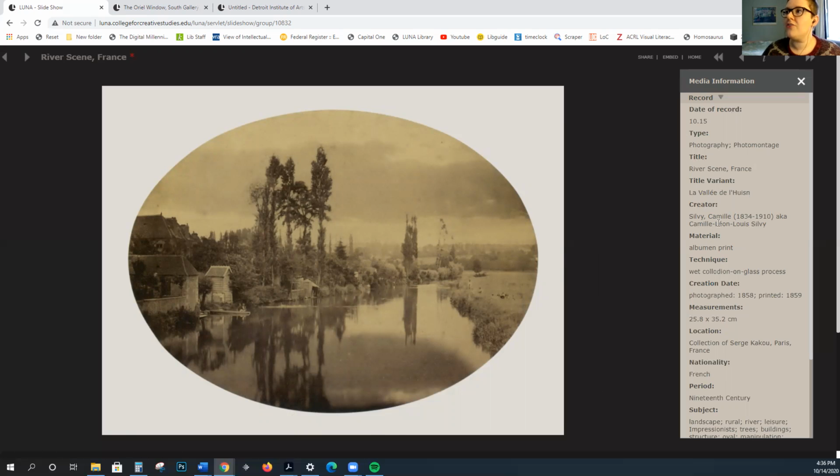This artist, Camille Sylvie, would take multiple photographs of a place and then splice them together in order to create a landscape more in line with what he wanted for his landscape. So again, this was not seen as deceptive. There was not an expectation that this photograph would depict reality exactly as it is.